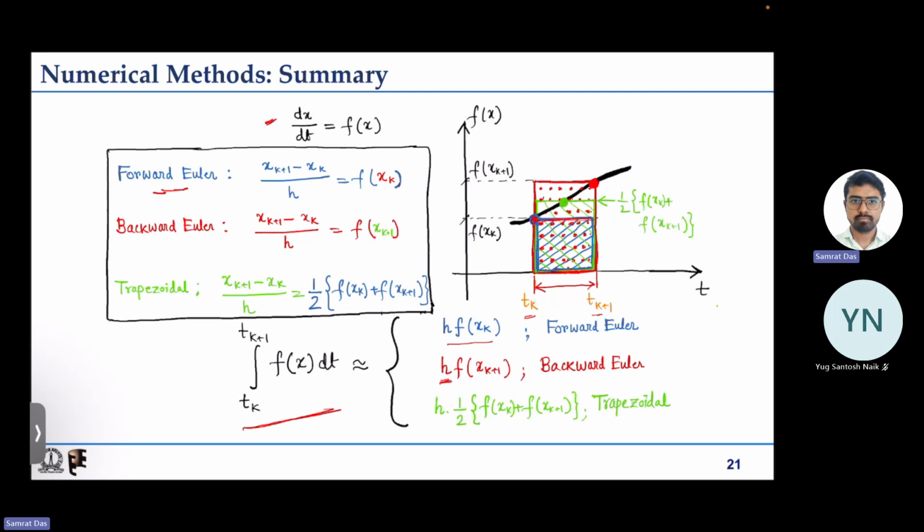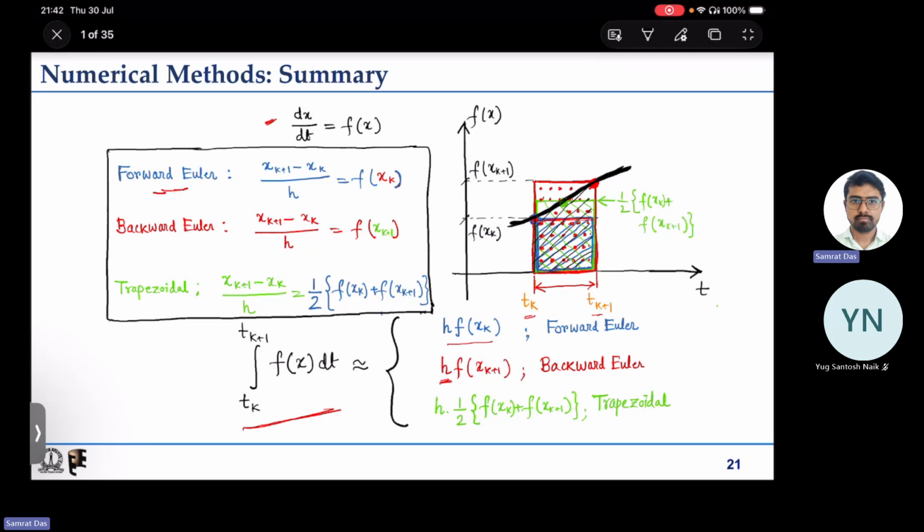But neither of them is very close to the actual integration value, because the actual integration value is the area under the black curve, which is shown here. The black curve is the exact f(x) curve, so the area under it is the black hatched area. You can see that the red area as well as the blue area, as approximated by the forward or backward Euler methods, have certain errors.